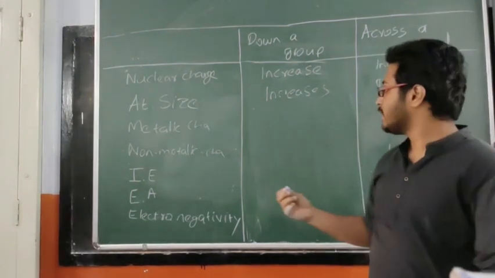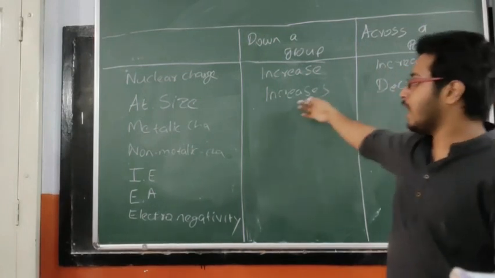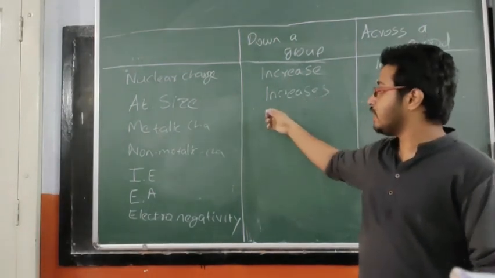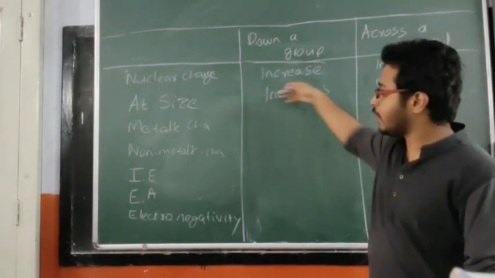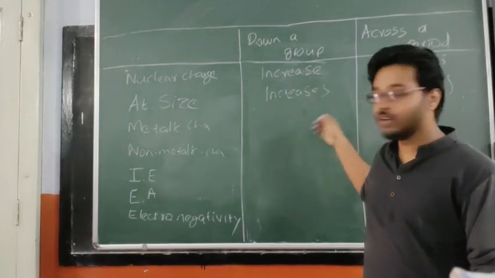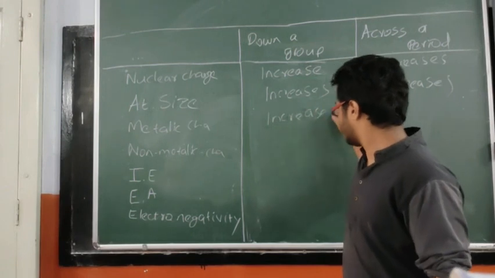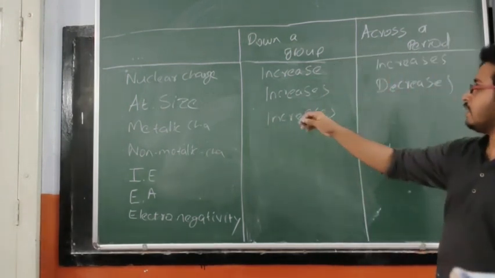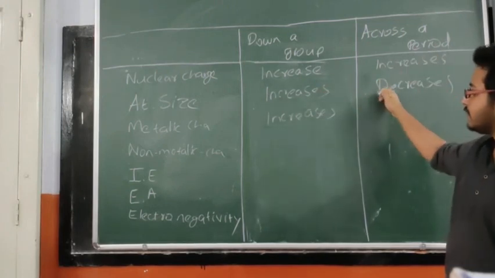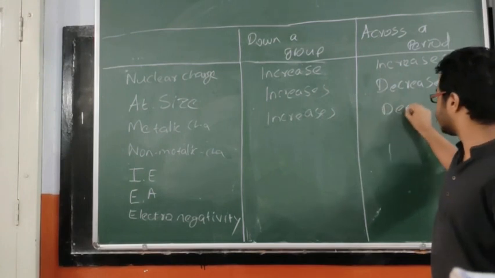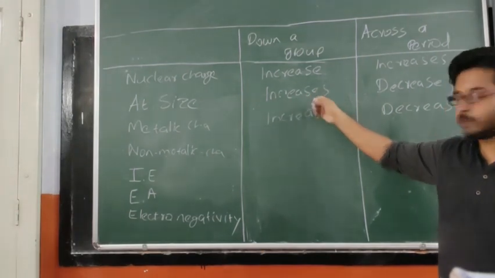Now metallic character, you can explain all the rest based on the atomic size. Going down a group, atomic size increases, so metallic character also increases. If you are moving across a period, atomic size decreases, so metallic character decreases. Non-metallic character is the opposite of atomic size.